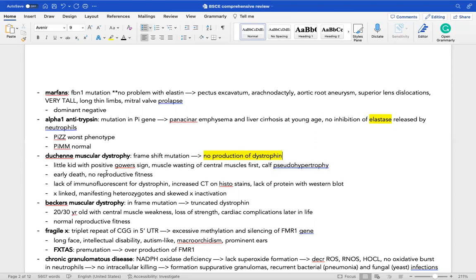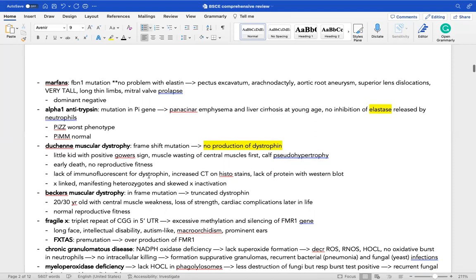They usually die early, and more importantly, it's an X-linked mutation. They don't have any reproductive fitness because, of course, they don't live long enough to reproduce. And we don't see any dystrophin in either immunofluorescence or Western blot.